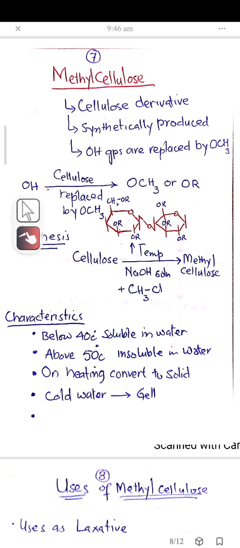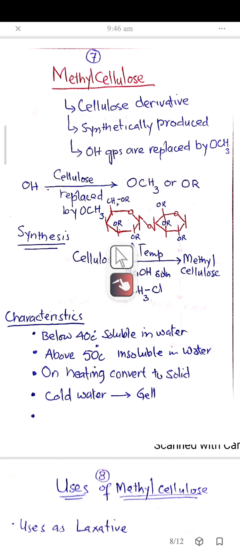This is the OH group of the cellulose, and these OH groups are replaced by OCH3 group, then that will be called methyl cellulose. OCH3 is also called OR group.